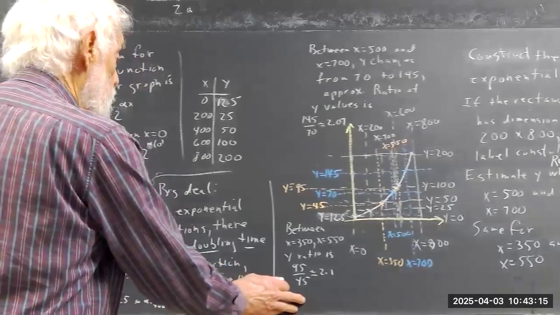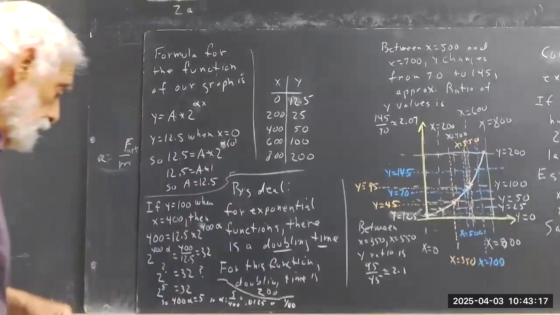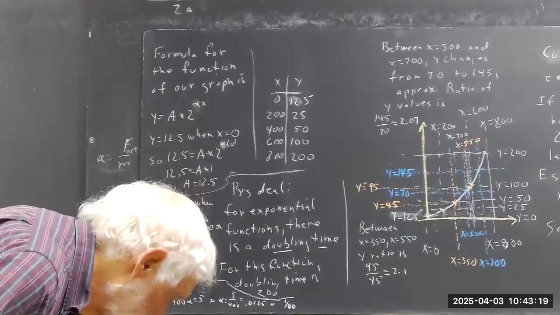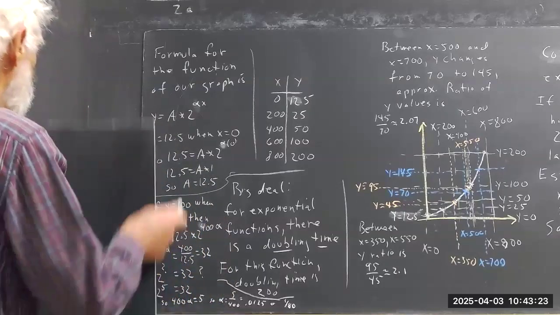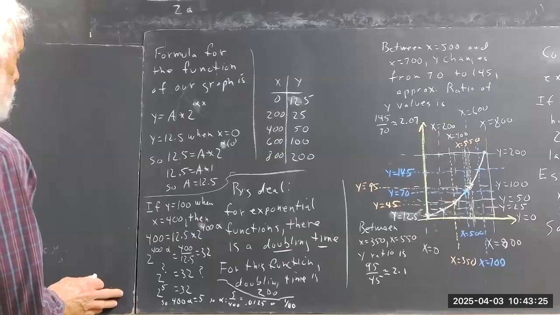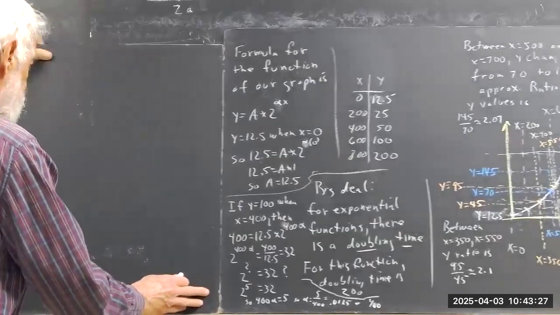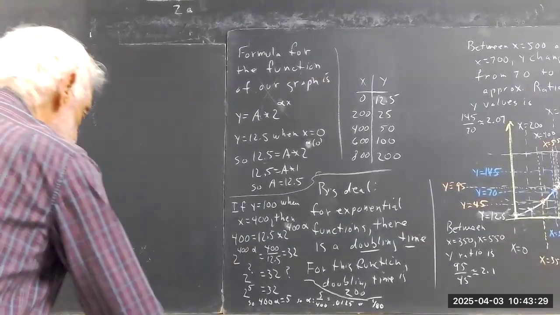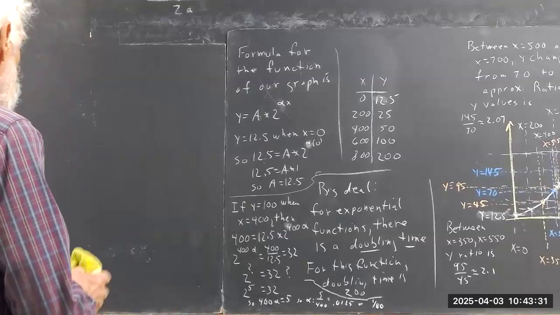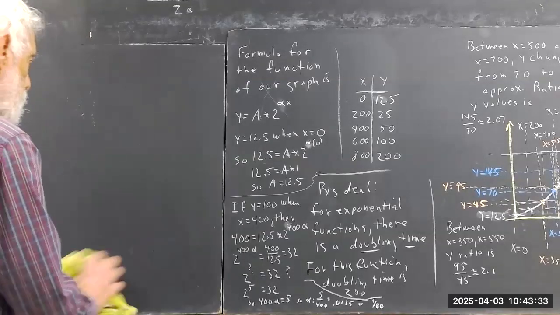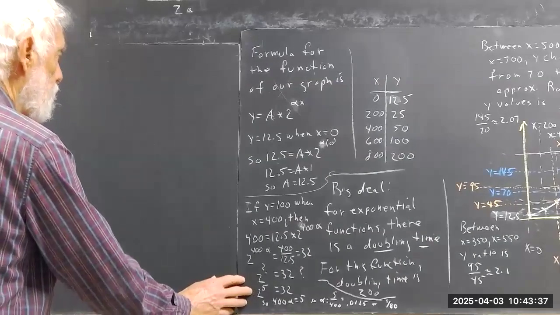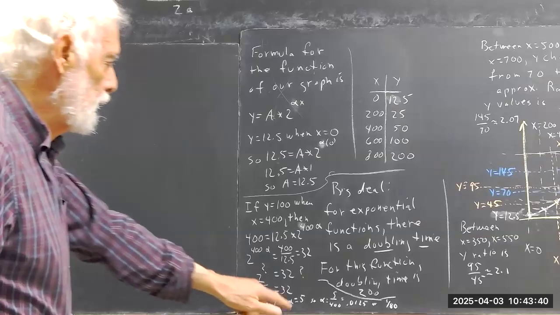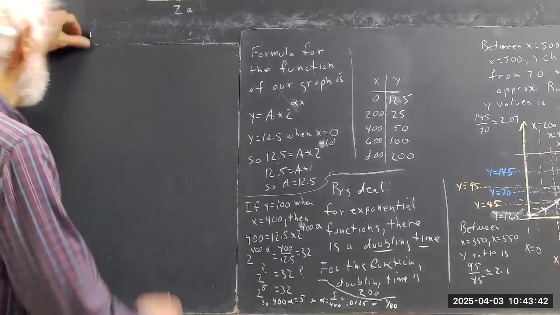Well, I used up this board, I probably could look at this one another. But we conclude that our function has an equation that we can pretty easily write. Now I know what alpha is, and we know what A is.